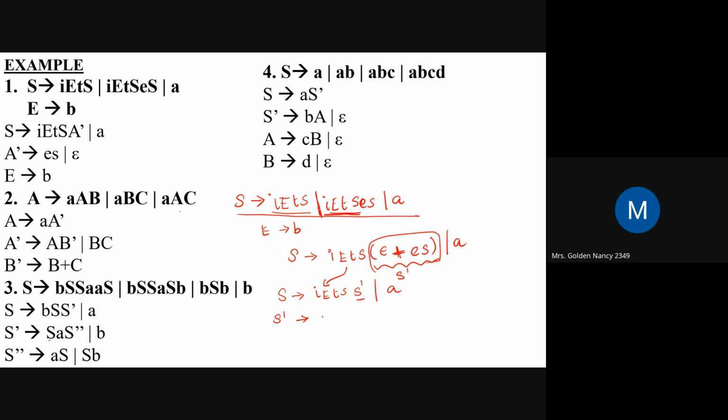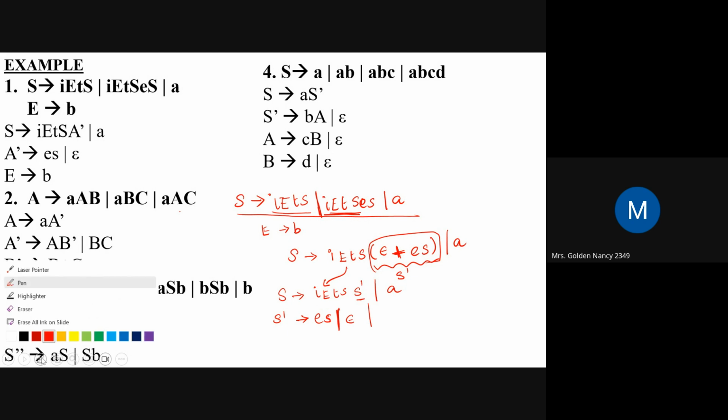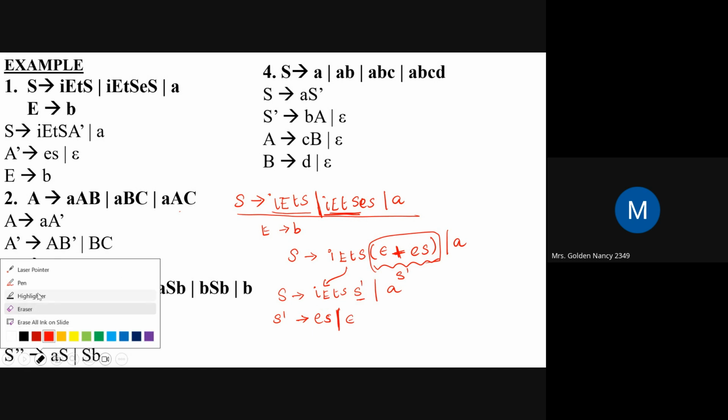It is nothing but ES. I just put plus because it is the same as or. So S dash gives ES or epsilon.